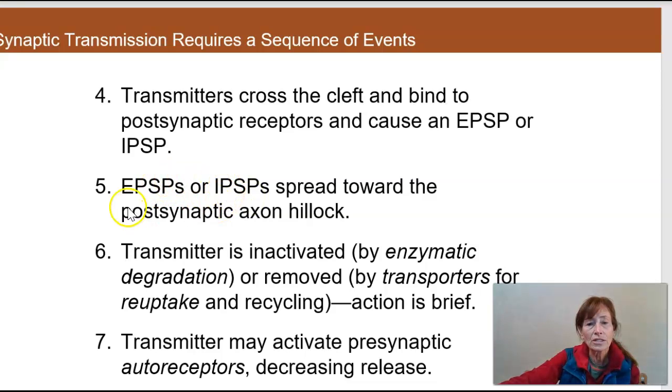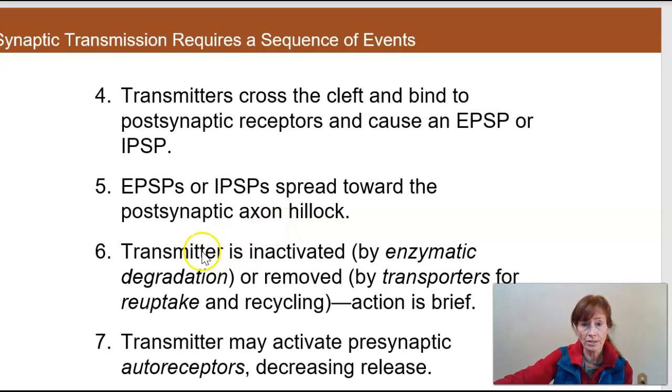But whatever those things are, and usually it can even be both, a combination, they're going to be moved toward the axon hillock, and the axon hillock then is going to judge whether or not to open the next voltage-gated sodium channel to send an action potential forward.